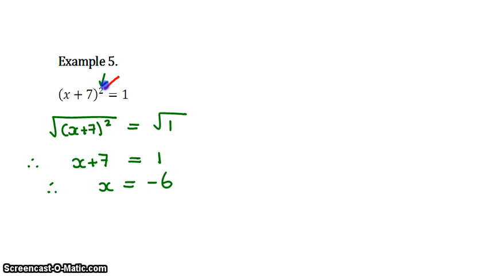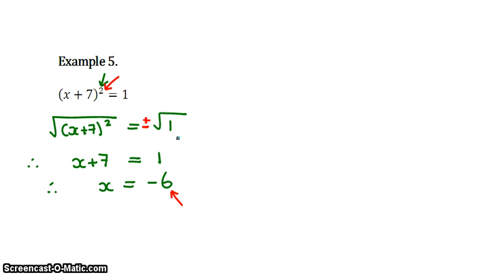Well, this is a quadratic because there's a squared. But why is there only one answer? Every single quadratic has to have two answers, which means something's wrong. Now, there's nothing too bad with this logic. The only problem is it's the positive or the negative square root of 1.